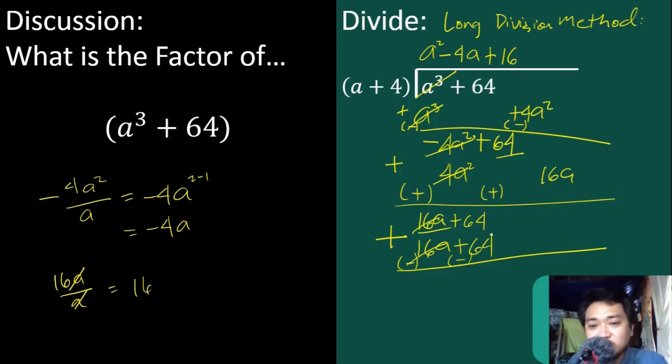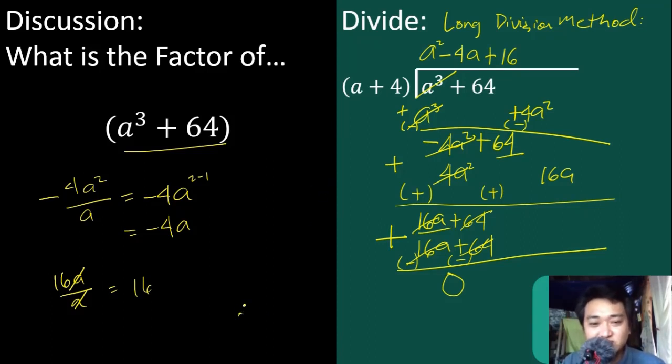64 minus 64, or 64 plus negative 64, that is 0. So the remainder is 0. Alam naman na kasi natin yung sagot kasi ito rin yung example natin kanina, a cubed plus 64. Alam natin na wala siyang remainder.